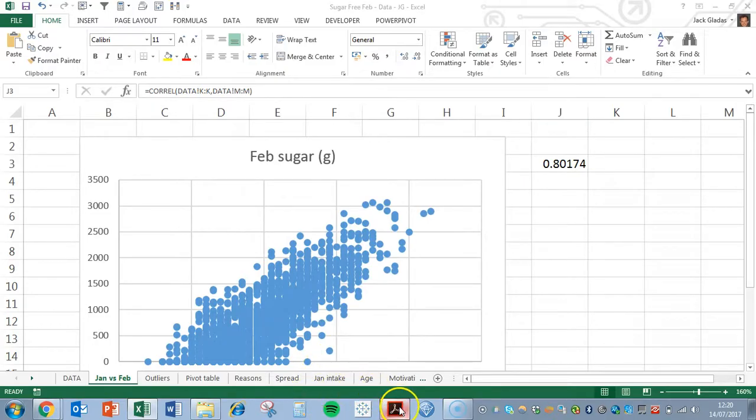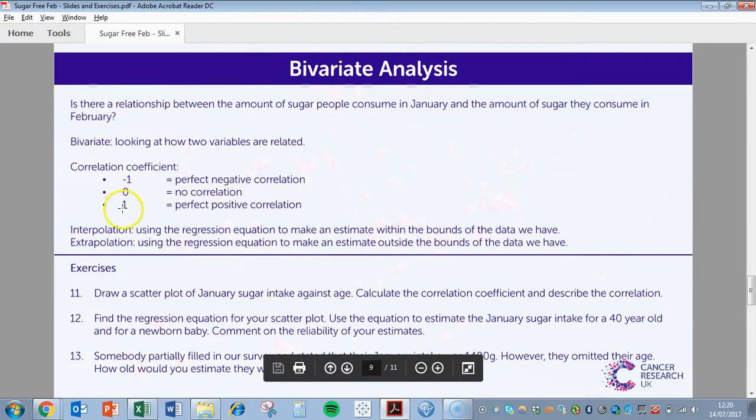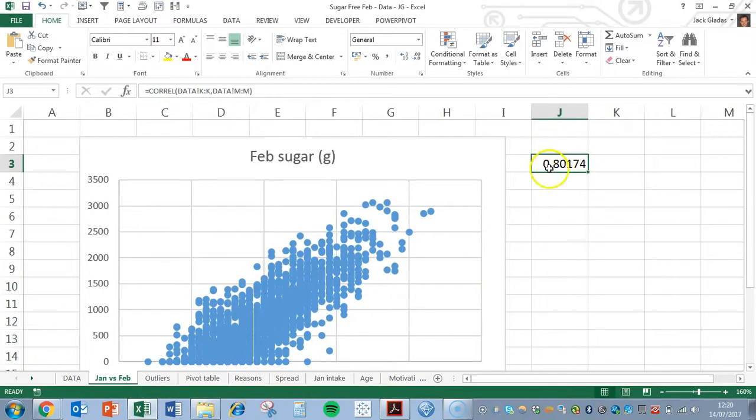Now, what does that mean? That's close to 1, so it means we've got a strong positive correlation. If the number were closer to 0 but still positive, then we'd have a weaker positive correlation. We might have a weak positive, we might have moderate positive, but we've got strong positive correlation here.